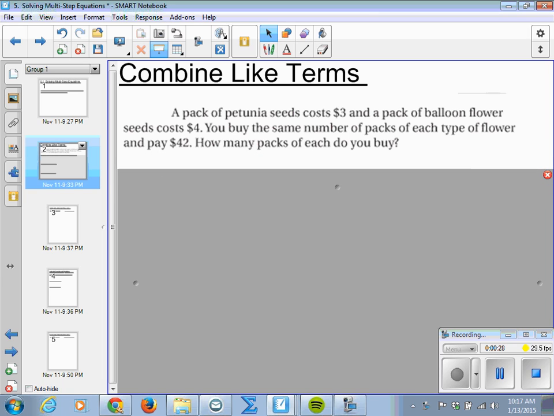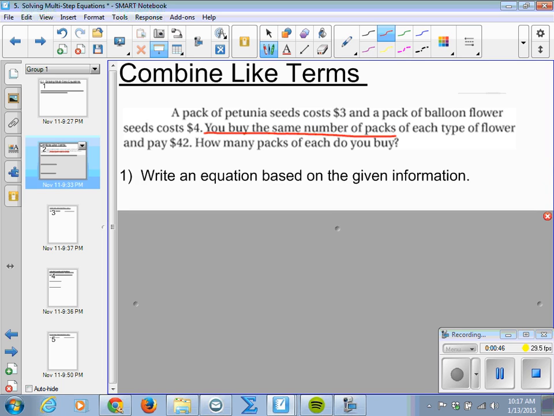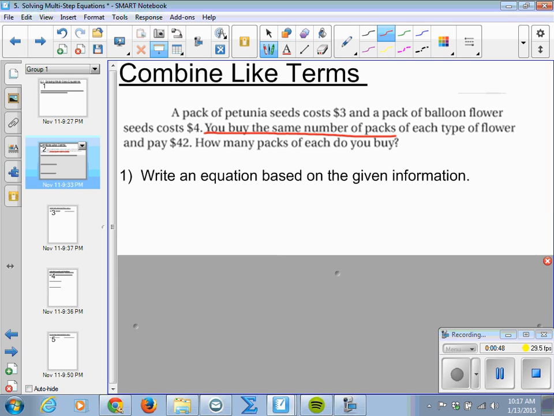A pack of petunia seeds costs $3, and a pack of balloon flower seeds costs $4. You buy the same number of packs of each type of flower and pay $42. How many packs of each do you buy? So the key here is that you buy the same number of packs of each. So write an equation based on the given information.